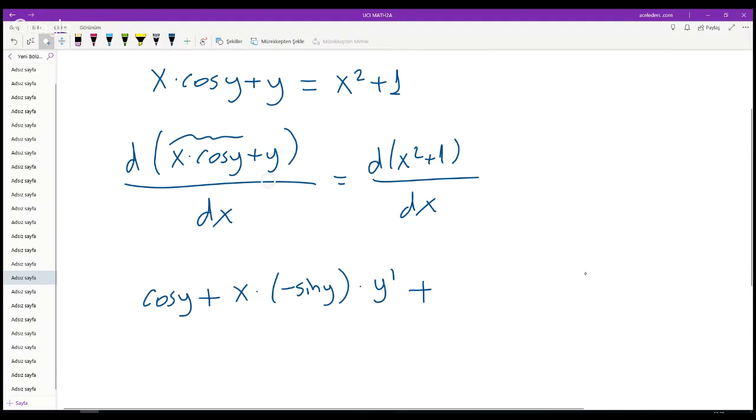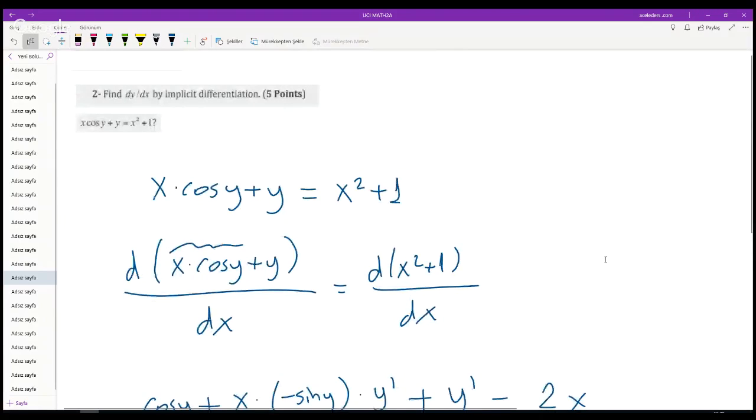Plus, we have a y here, so the derivative of y equals the derivative of x squared plus 1, which is 2x. Now, in this question, we have to find dy over dx as a function. So we cannot leave the derivative at a certain point. We need to find a functional form.